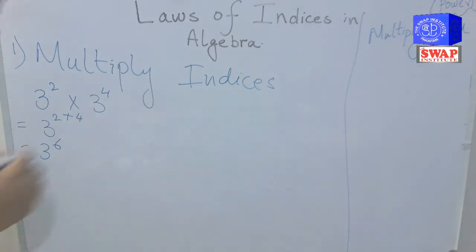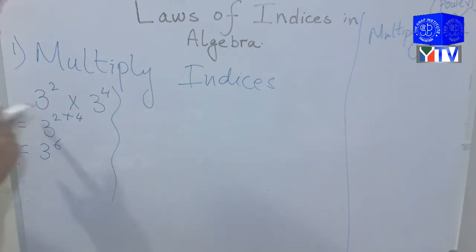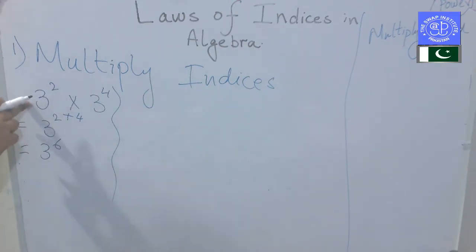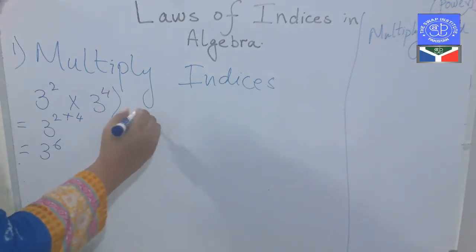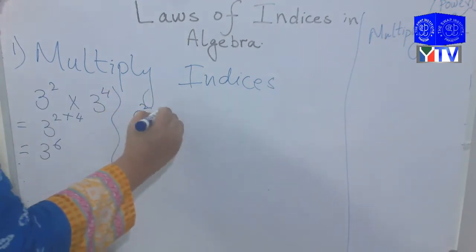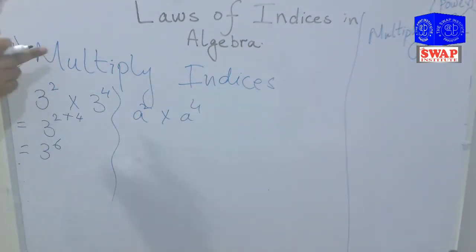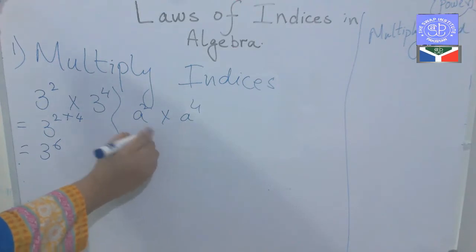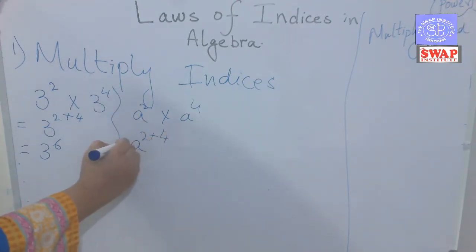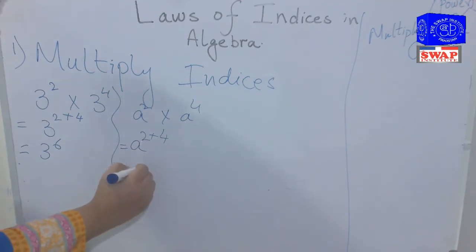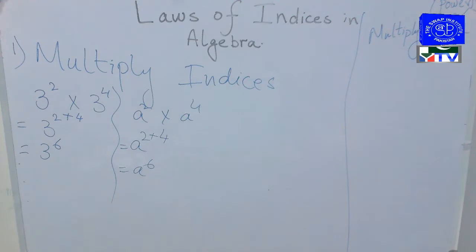The same thing, if I apply it in algebra, I just change the base. Here I had 3 as a base; I will change the base into a. So a squared multiplied by a raised to power 4. The rule will be the same: in multiplying indices, we add the powers. So it will be a raised to 2 plus 4, and 4 plus 2 is 6.